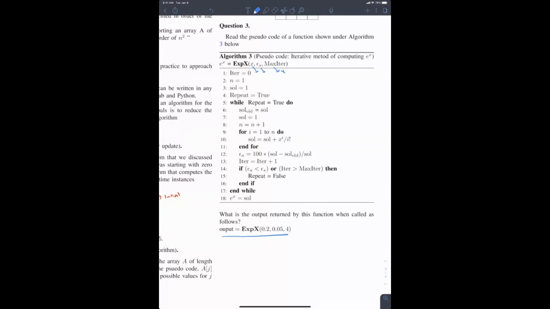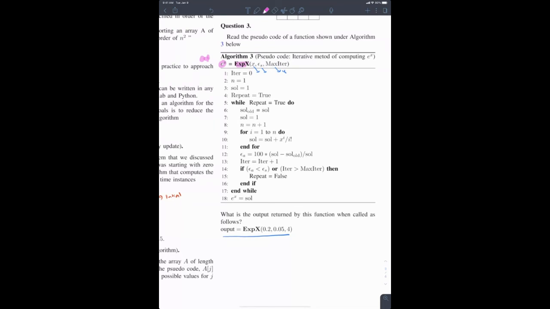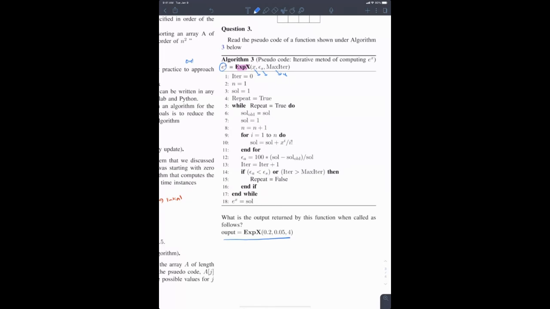So if you give those inputs, this is a very classical algorithm, and the algorithm name is EXPX. I just named it to indicate e to the power x, and the input is x, epsilon s, and max iter, and then the output is whatever the output is.